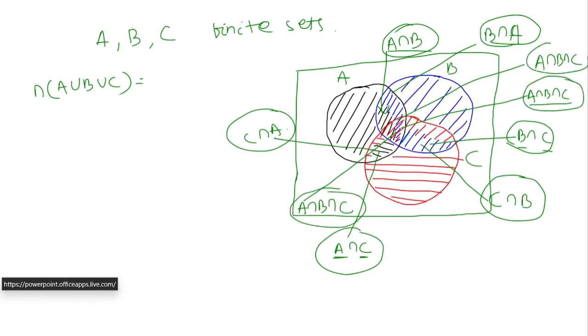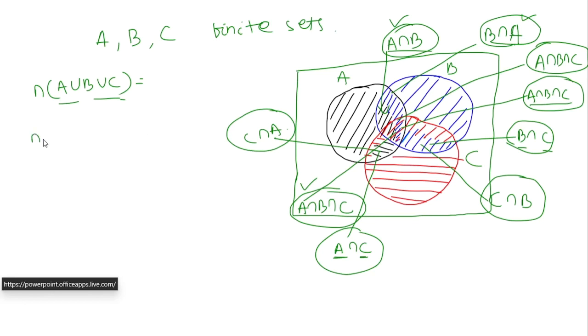If I add the number of elements in A, B and C, then I am counting these sets 2 times and the intersection of all 3 sets 3 times. So definitely the sum will not be the union of all 3 sets. So for that I have to subtract the elements of some parts so that my problem will be solved.